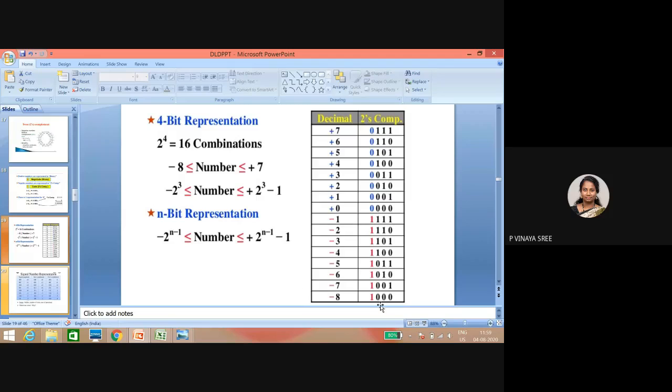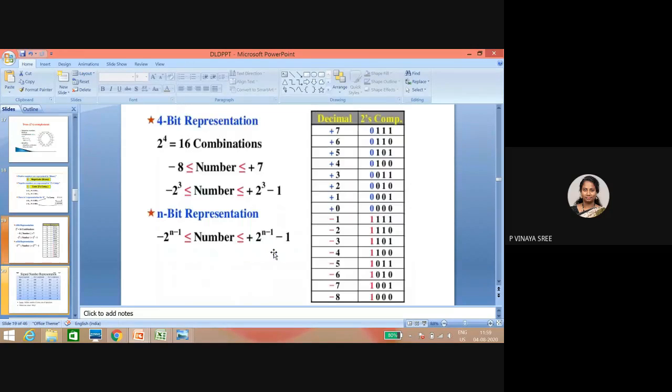But here we can even represent minus 8, so we are removing the minus 1. The remaining will be the same as it is. So the formula for the range for 2's complement is minus 2 power n minus 1 to plus 2 power n minus 1 minus 1.